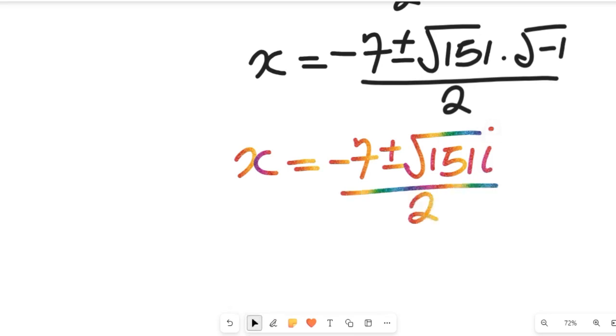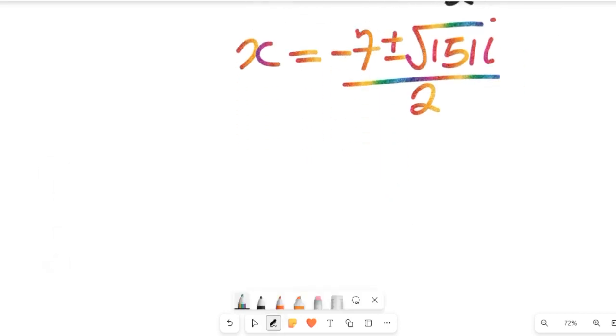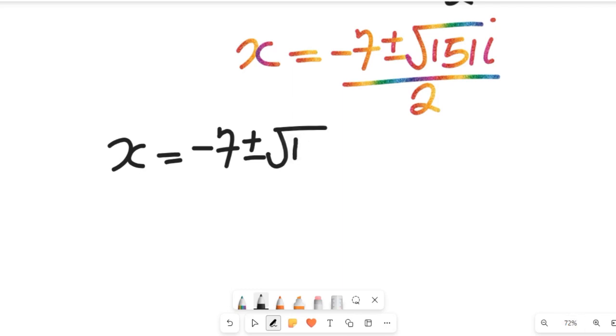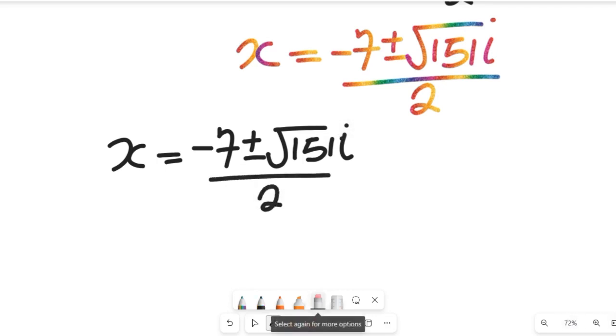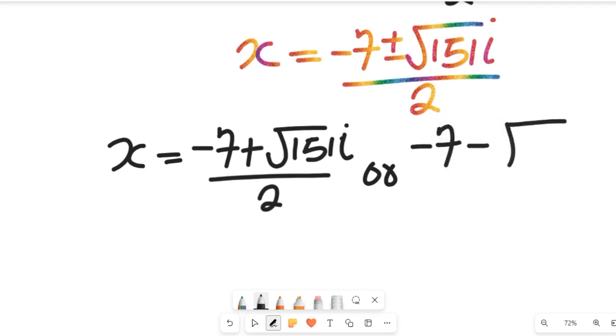So let's separate that expression. We're going to make this the positive side, and this can also be negative 7 minus the square root of 151 i, divided by 2.